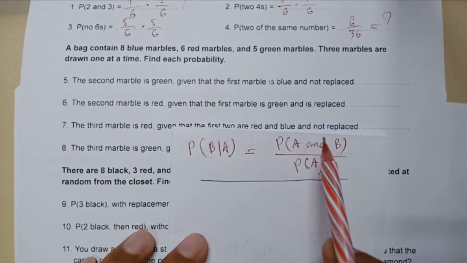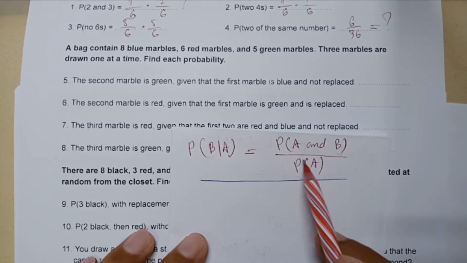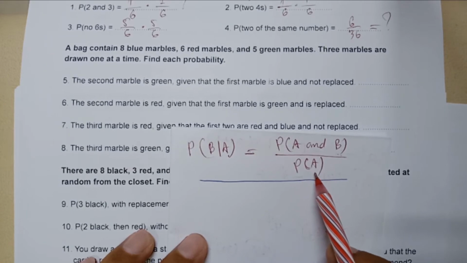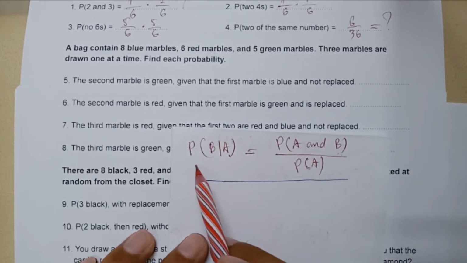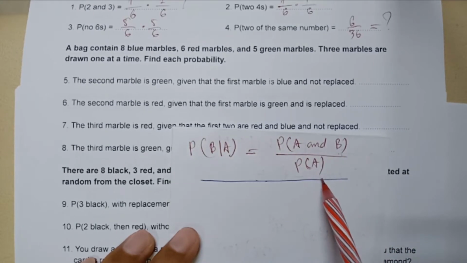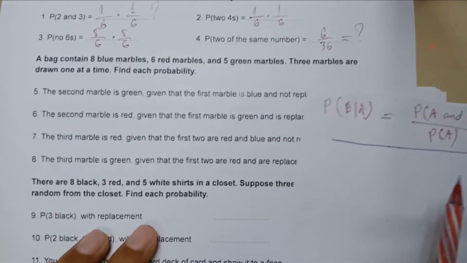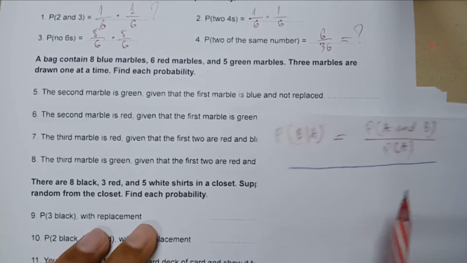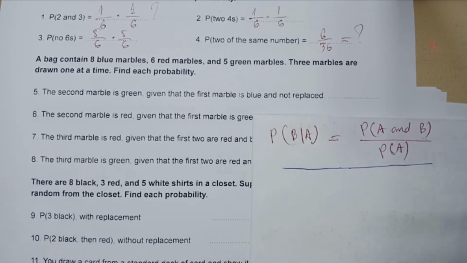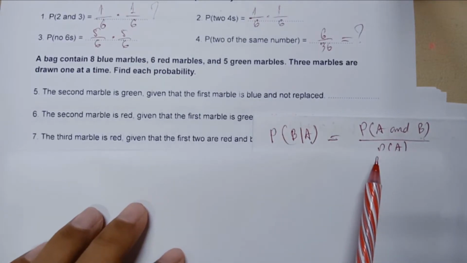So you have two events together, event A and event B, multiply together, and then you divide by the first event. By looking at the formula, somehow it's kind of hard to understand. But try to apply the formula within the problem so that you will have an idea how to do it. So place the formula right here, and then let me bring out my scratch paper to help you along the way with the problems. Let's do one at a time, please.